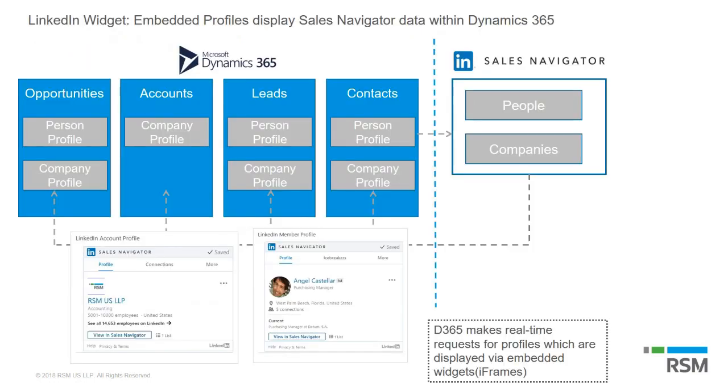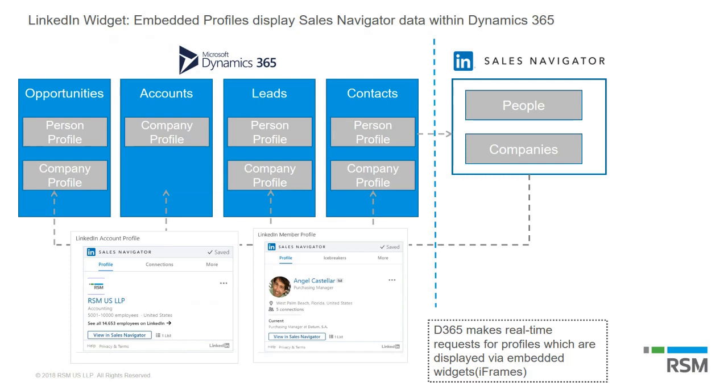And besides these write back capabilities that we've been talking about for the last couple of minutes, I wanted to highlight that we obviously also have the ability to view LinkedIn profiles directly from within the context of a Dynamics 365 record. This is more like an iframe. That's kind of what that is.